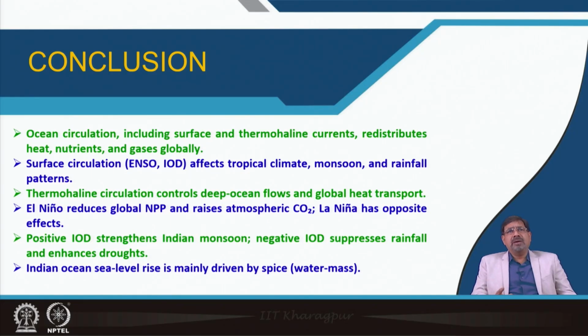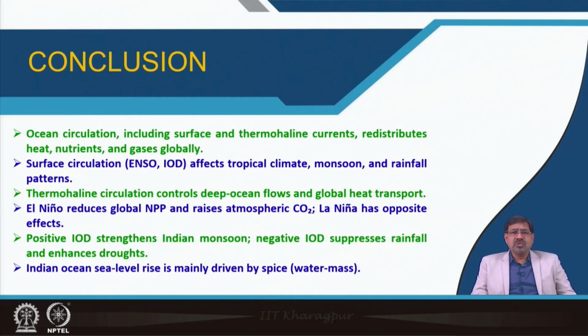Positive IOD strengthens the Indian monsoon, whereas negative IOD suppresses the rainfall and enhances drought. This is very important in terms of understanding the oceanic phenomena as far as the Indian subcontinent is concerned. Positive IOD strengthens Indian monsoon and vice versa.